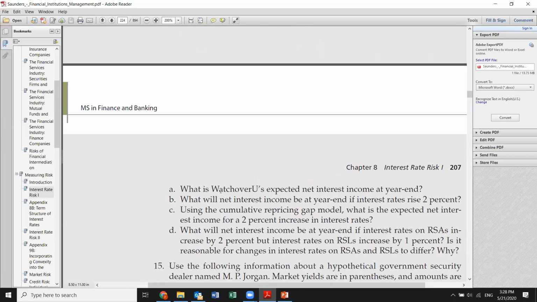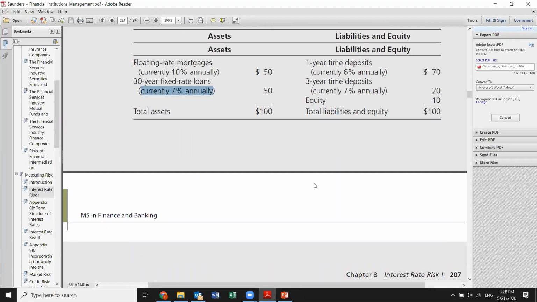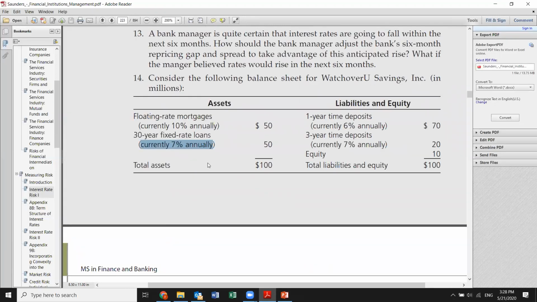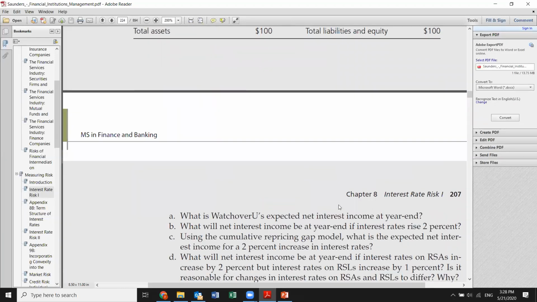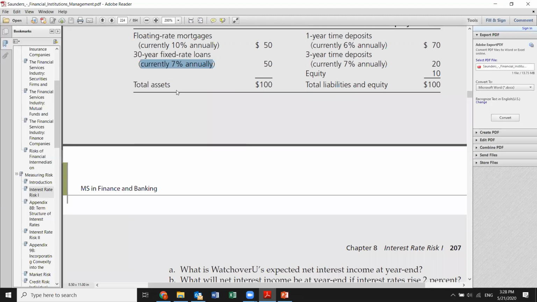So what is the expected net interest income at the end of the year? We need to take into consideration the maturity bracket, which is 1 year, so MB will be equal to 1. How do we do it? For part A, first of all, we need to find the expected interest income.